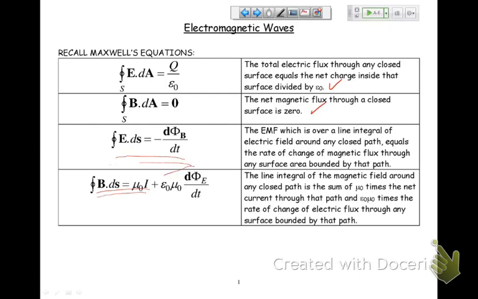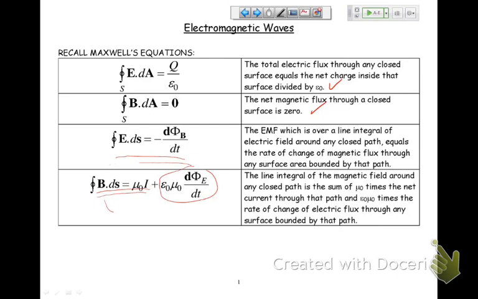We've got this extra term in here, which is more advanced than we've seen before. The line integral of magnetic field around any closed path is the sum of mu naught times the net current through the path plus epsilon naught mu naught times the rate of change of electric flux through any surface bound by the path.